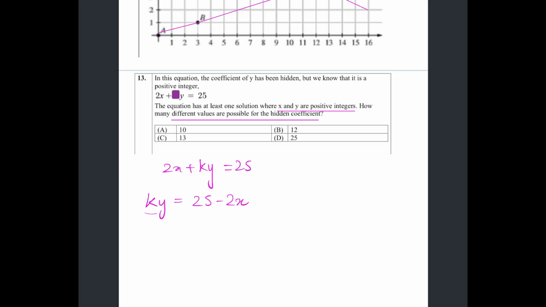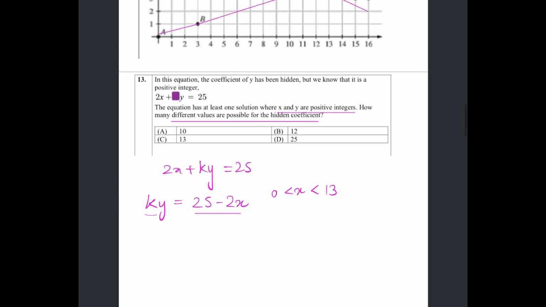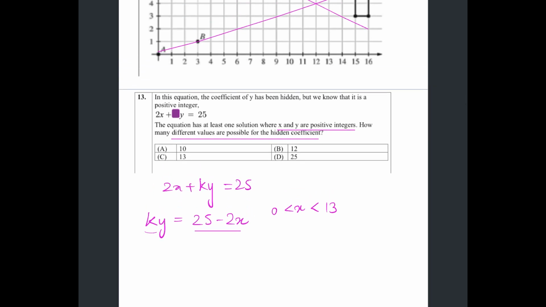So x is greater than 0, of course it can be 1, and it's less than 13, because if it becomes 13 then this whole thing becomes negative, but it can't be negative. So let's take case by case.